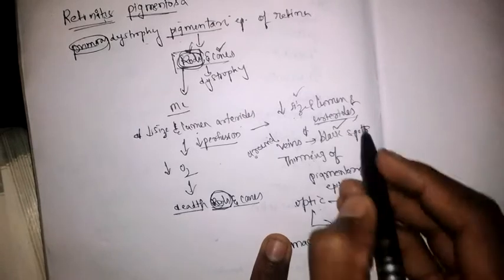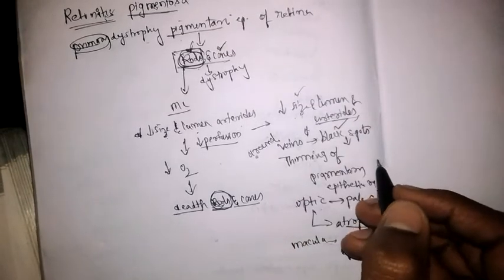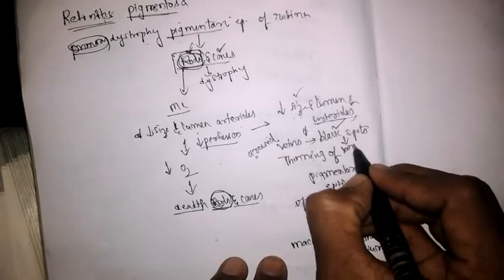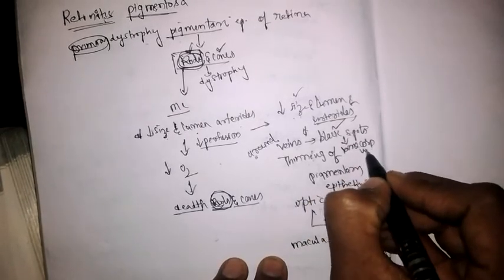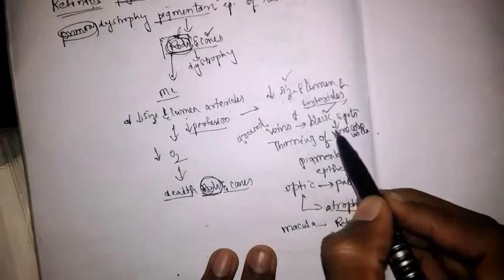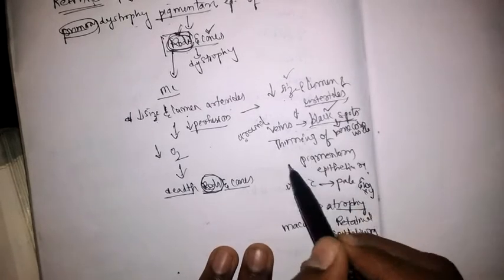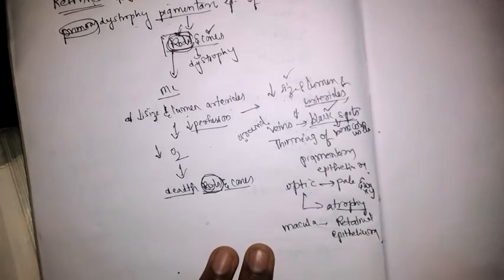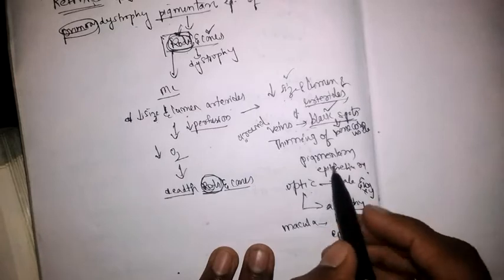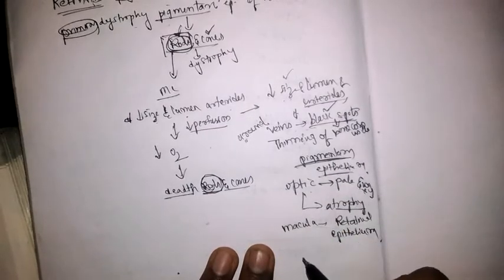These black spots resemble the corpuscles of bone; we can say bone corpuscles. Around the veins you see black spots, and due to this decreased blood supply, there will be thinning of the pigmentary epithelium.